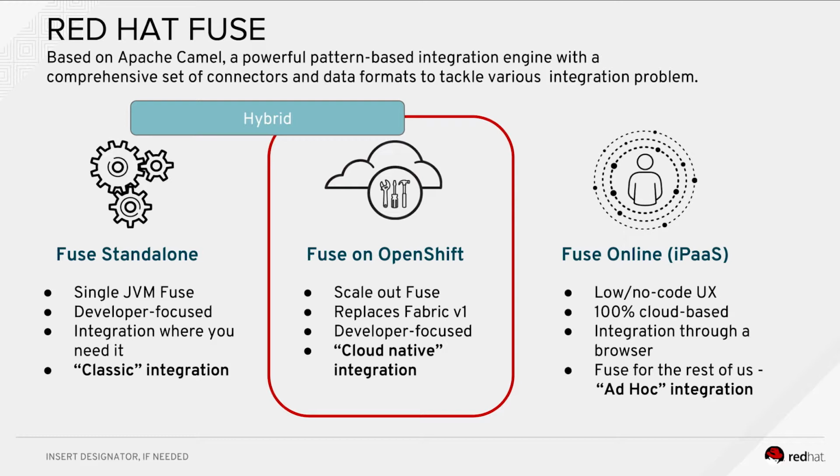So Fuse standalone. This is the traditional way of building solutions as we've done it, running a JVM on a VM, and what's called classic integration. You have choices of a runtime that is Spring Boot, OSGi Karaf server, or our Java EE server, JBoss EAP.